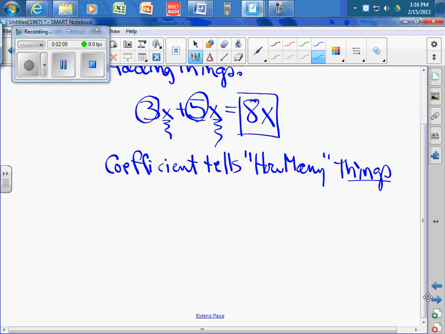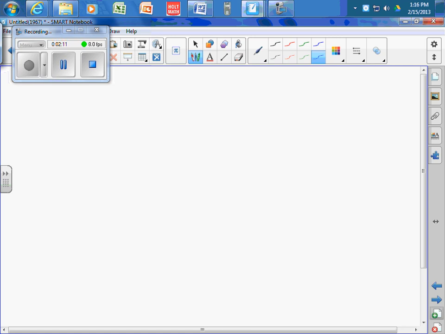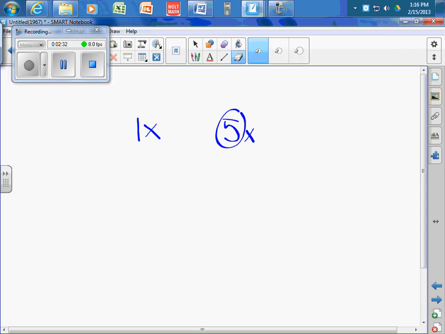Well, that's all well and simple, but it turns out to be a little bit different when we have fractions, because we forget what coefficients are. What is the coefficient of x in this case? That's right, it's 1. How about in this case, 5x? The coefficient is 5. In fact, every time you take out the variable, you'll have the coefficient.